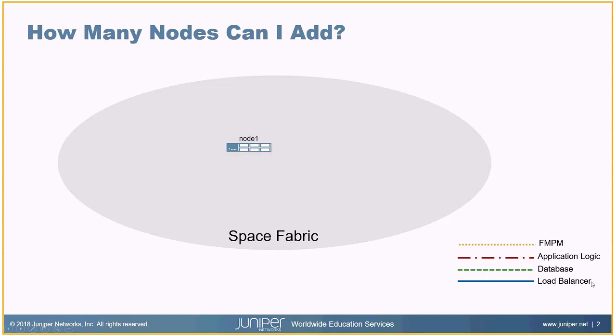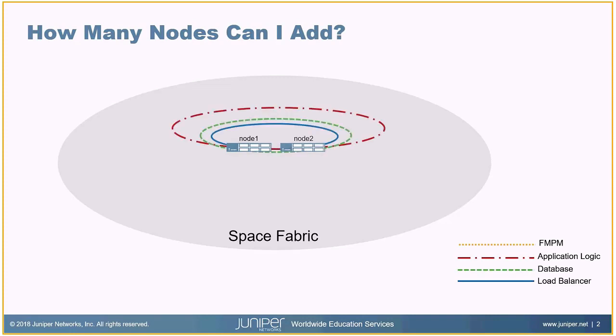Obviously, the load balancing isn't really taking place in this case because there's just the single node. The load balancing takes place when you have two or more Space nodes.